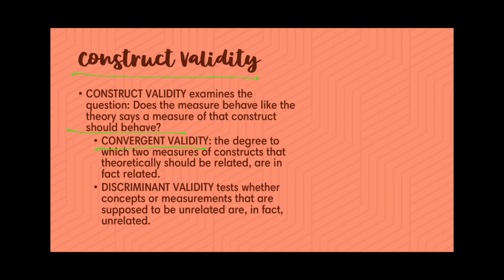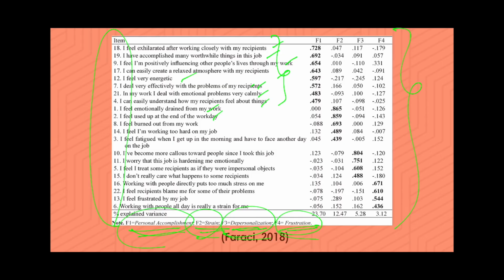For example, when theory says that stress and burnout are correlated, if I measure both and they are positively and significantly correlated, then there's convergent validity. Or if the theory says that burnout can lead to poor job satisfaction, then if there's higher burnout and lower job satisfaction, they should be correlated.